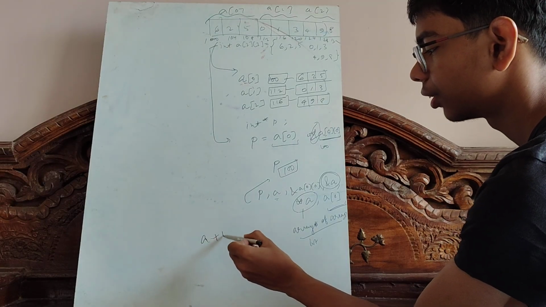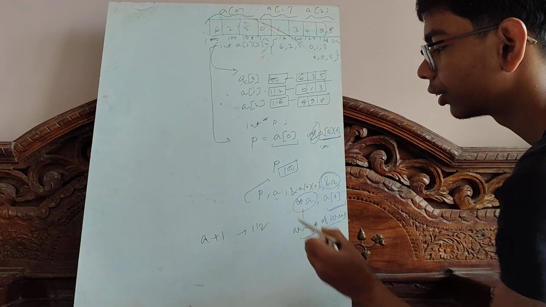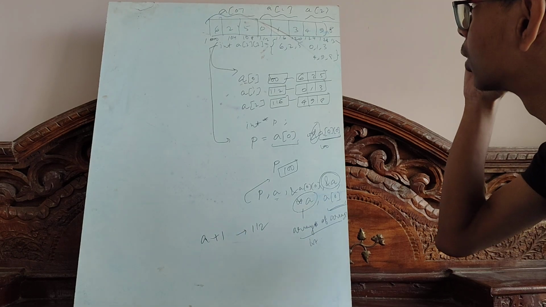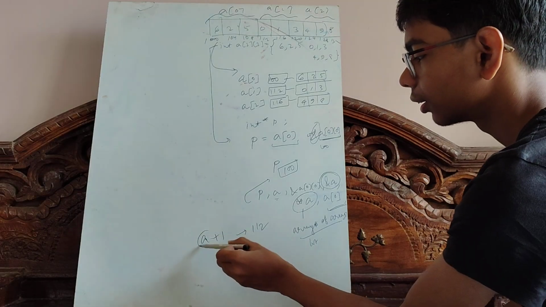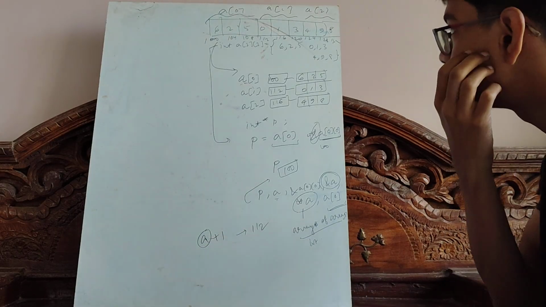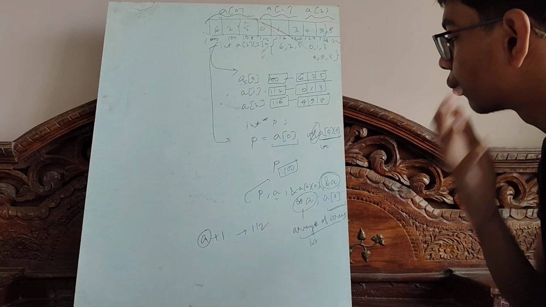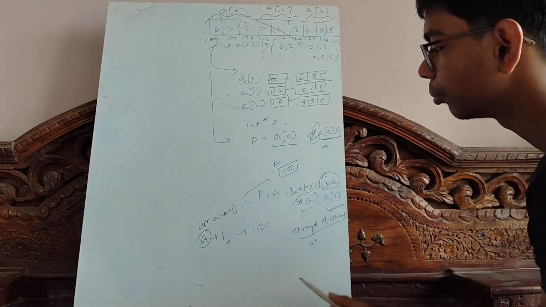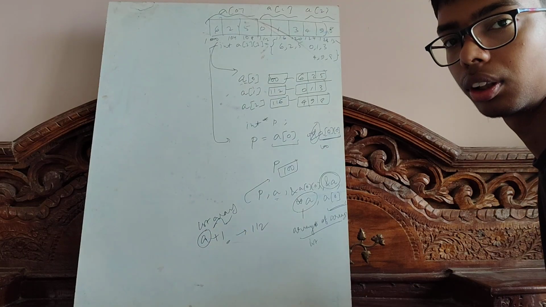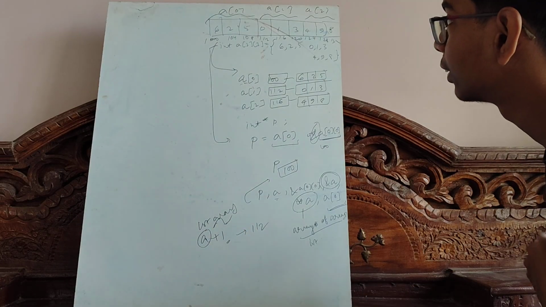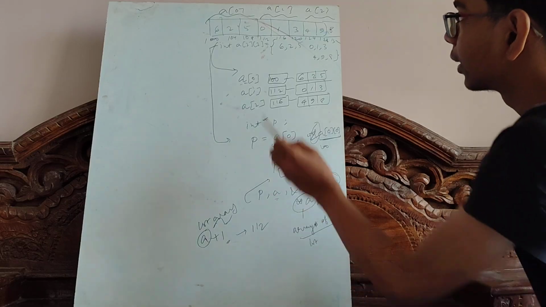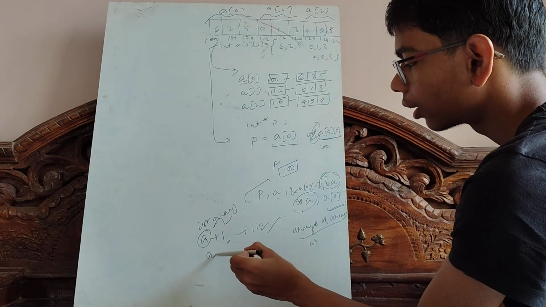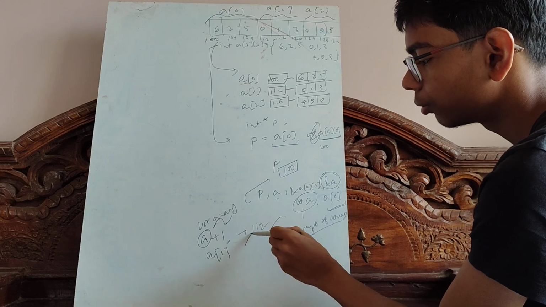Now suppose I print a plus 1. This will give me 112. Why? Because a will give me the first array, and this plus 1 will give me the base address of the second array. That will be the base address of a of 1. That's why it will print 112, or a of 1 will also return me 112.